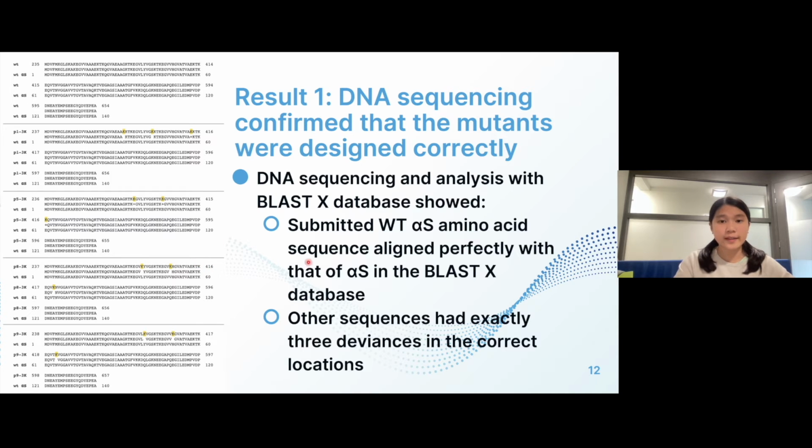It showed that the submitted wild-type alpha-synuclein amino acid sequence aligned perfectly with that of alpha-synuclein in the BLASTX database, and for all these mutants, they had exactly 3 deviances in the correct locations. For example, for P13K, here, here, and here have been changed into lysines.